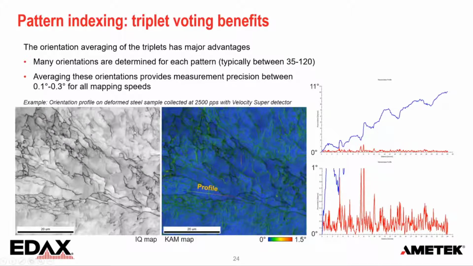The example I have here is in a deformed steel, and here I have made a profile, and you can see the orientation changes in the profile are typically between 0.1 and 0.2 degrees with a few spikes coming out. And these peaks are actually the true low angle boundaries that we have along the profile.